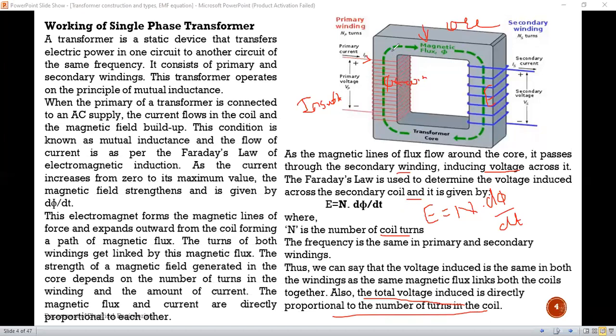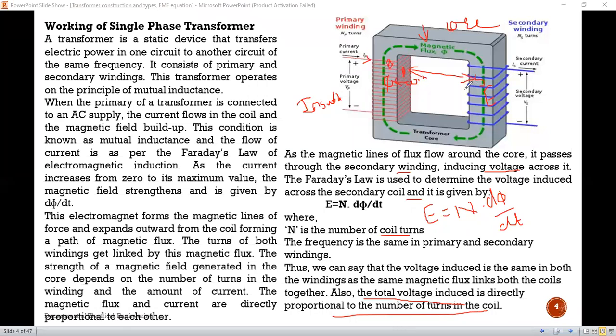Okay, see, the insulating material, that means insulation, is another most important construction part in the transformer. There is insulation provided in between each and every turn. As well as these two coils, the primary coil and the secondary coil, are not connected electrically, so there is some insulation between these two coils.